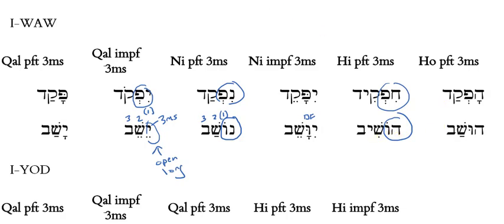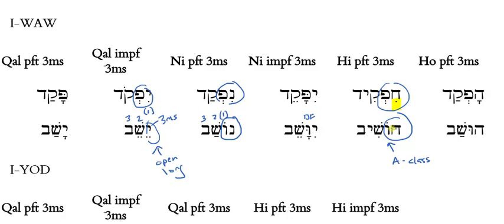Now, one of the things you've got to be aware of here is that in the hifil perfect, normally my vowel is an I-class vowel. But when I have one-vav verbs, the prefix vowel with the hey is actually a holem vav, which is a historically long A-class vowel. Okay? That is not normal. We're looking for I-class for the hifil perfect.